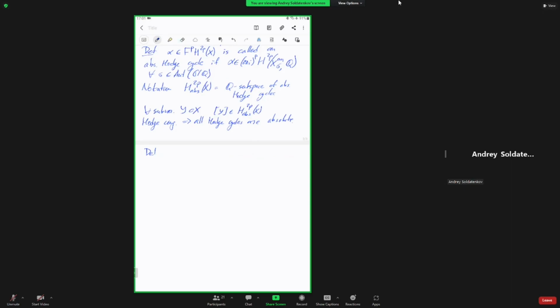So this is the theorem: all Hodge cycles on A are absolute.